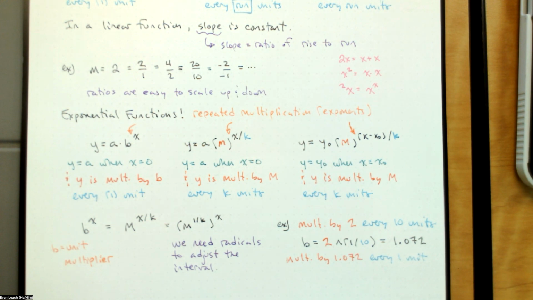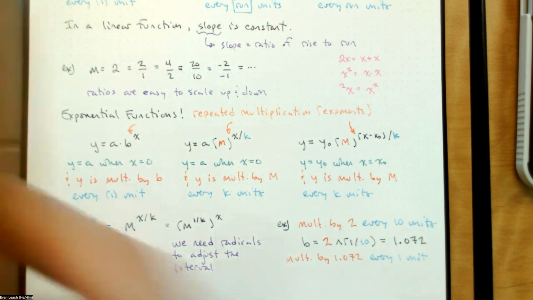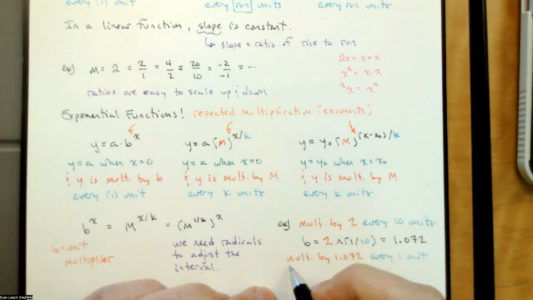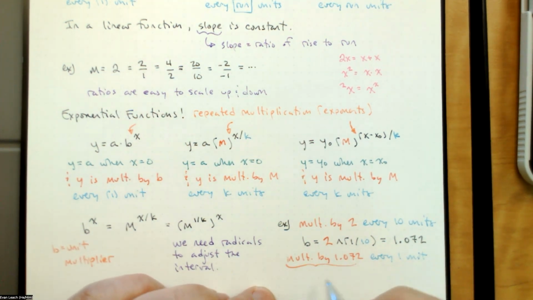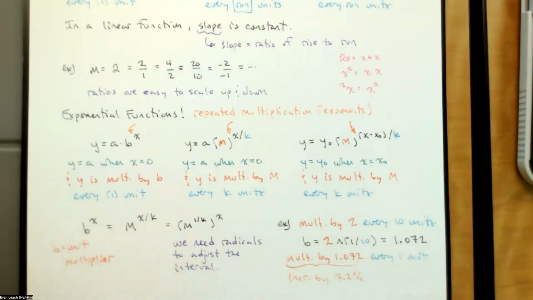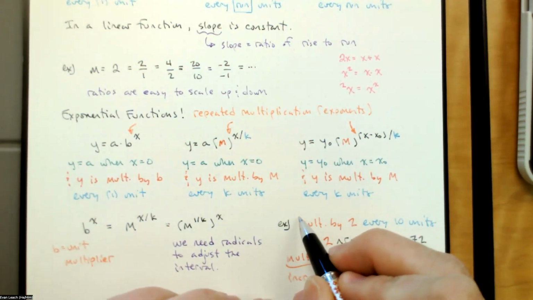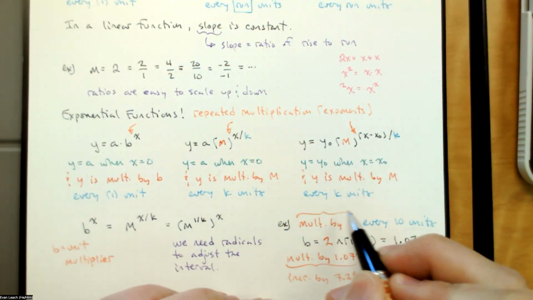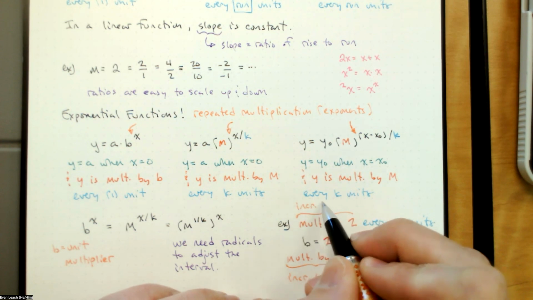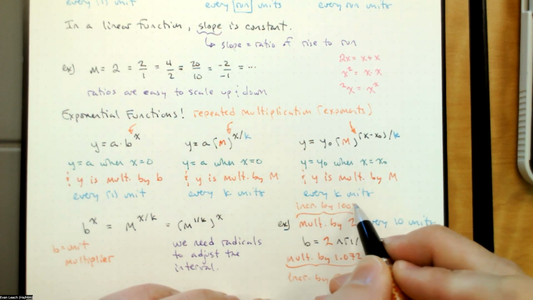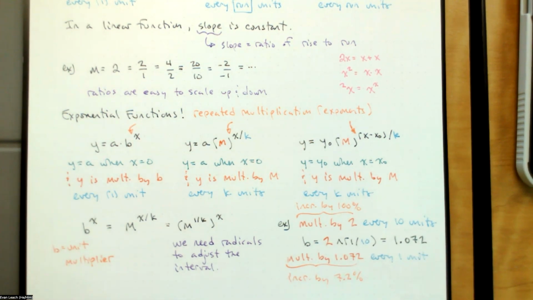When we multiply by a number, we're also increasing by a percent. So we might translate this to increase by 7.2% every 1 unit. Just like multiplying by 2, we might say increase by 100% every 10 units.